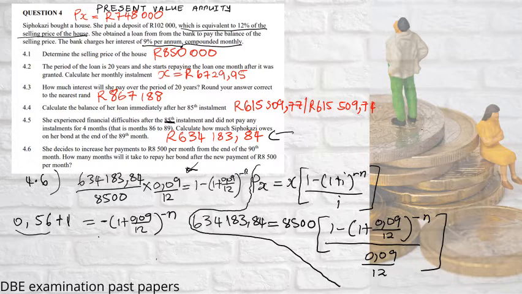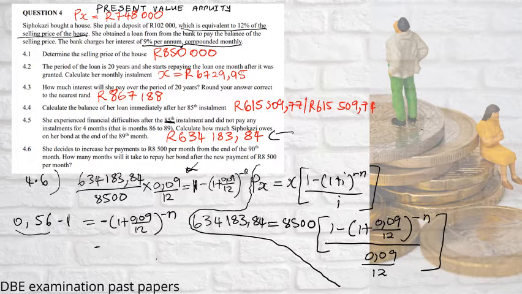Then I take 1 to the other side, plus 1, then it gives us 0.56 plus 1, which is 1.56 equals minus. It's minus, so it must be minus 1. Sorry about this, because 1 is positive; when it goes to that side, it must be minus 1. Sorry about that.